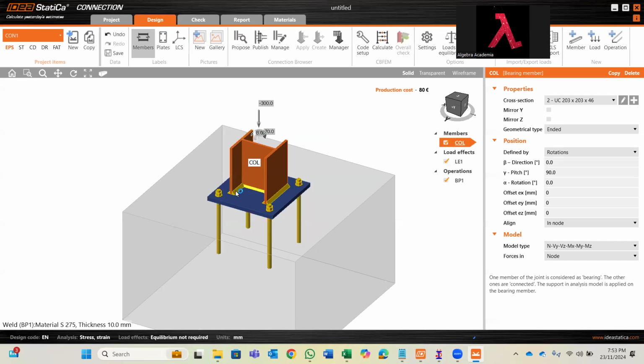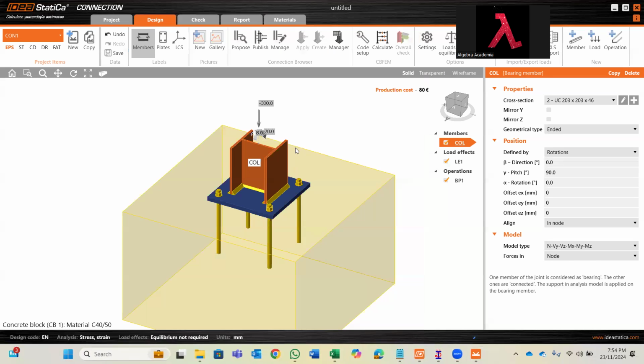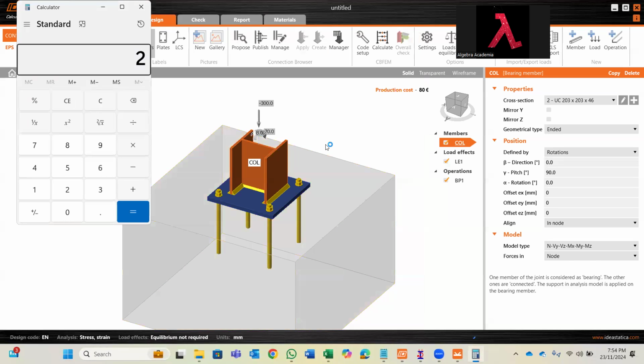Let's consider in the worst case 40 millimeters. So 203, and both sides will have 40 plus 40, which is 283 millimeters. Let me open the calculator. So 203 plus 40 plus 40.